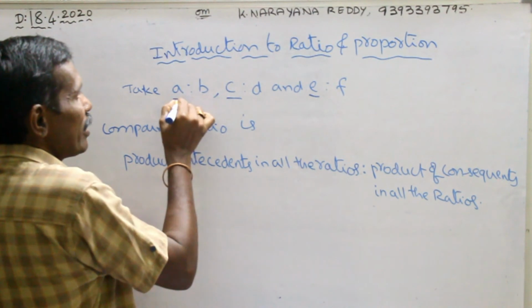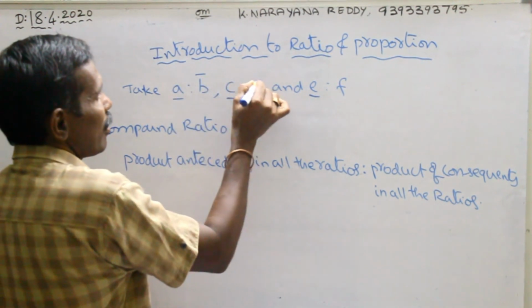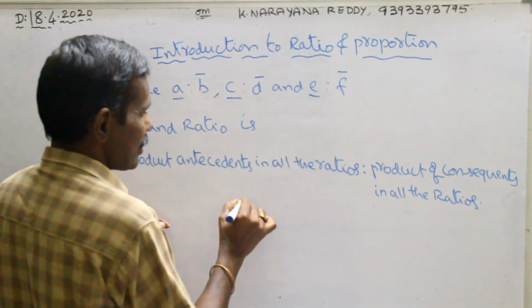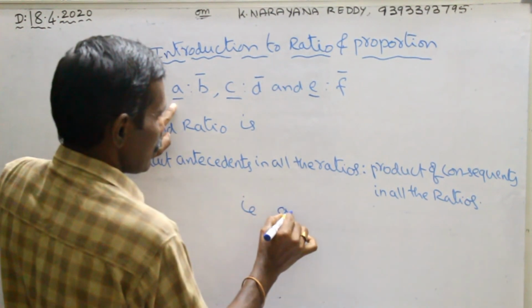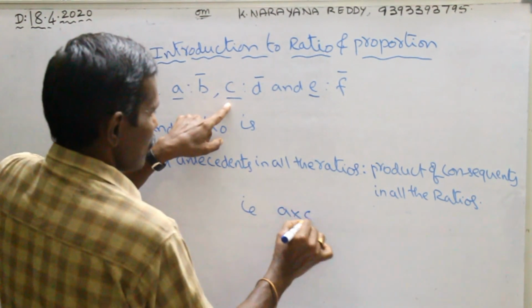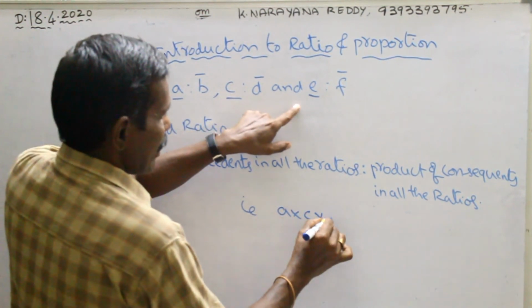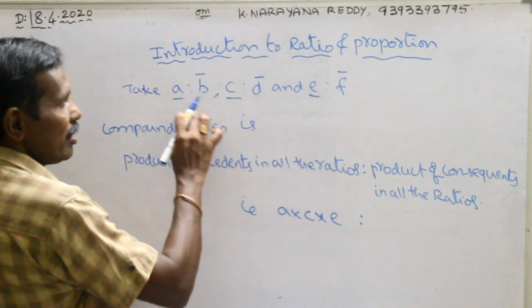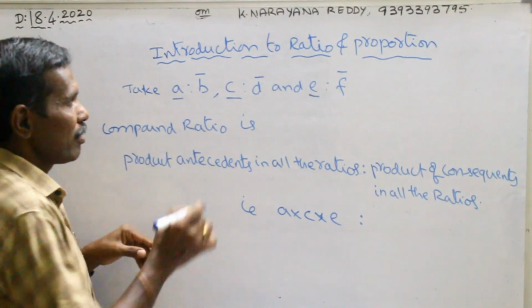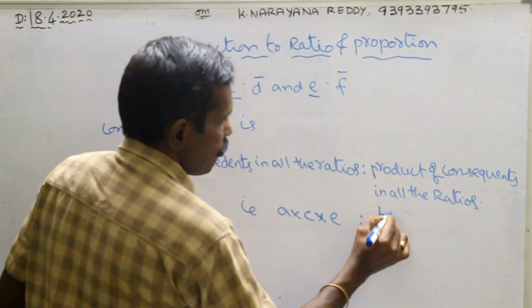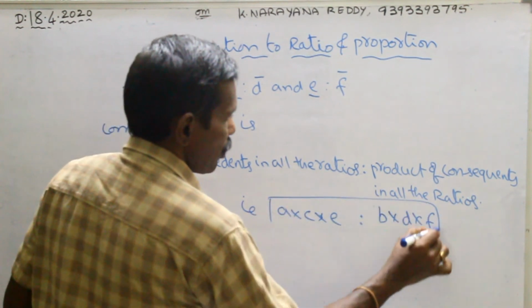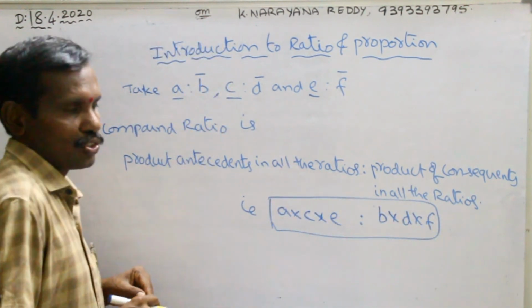Antecedents, these are antecedents, these are consequents. Okay? That means that is A into C into E. They are antecedents in all the ratios. Consequents B, D, F. B into D into F. This is very important in compound ratio.